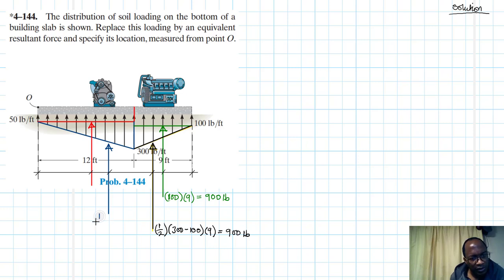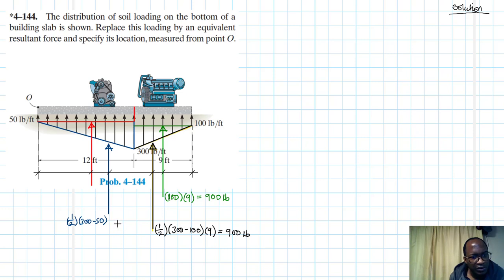This one is also triangular. So we have half times the height, which is 300 minus 50, then times the length.